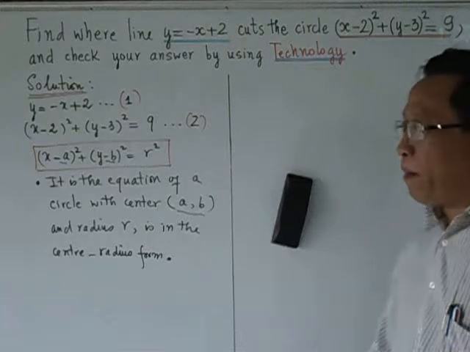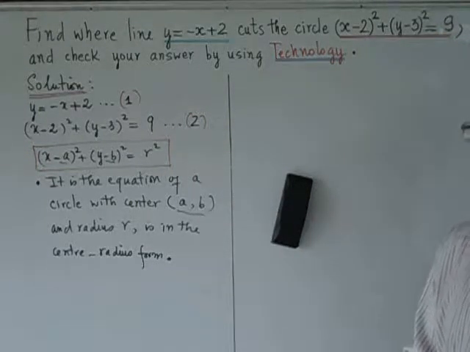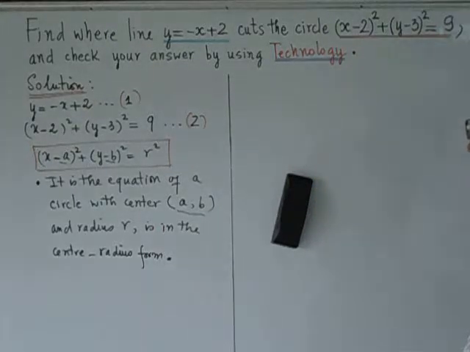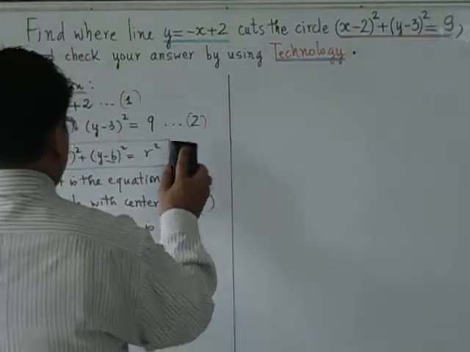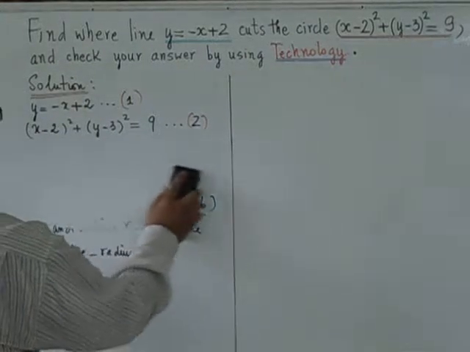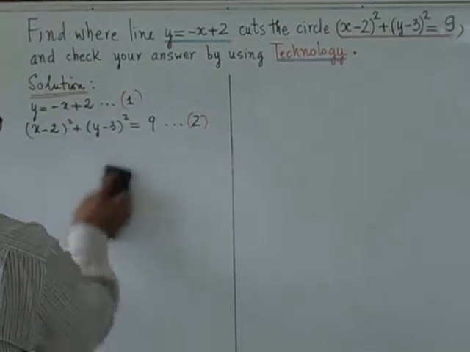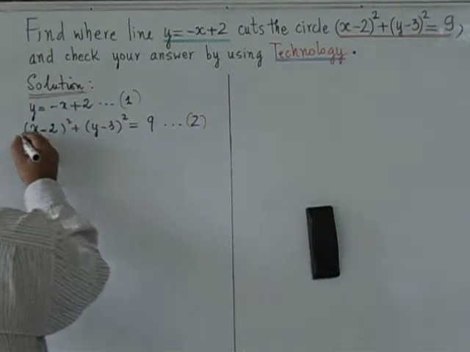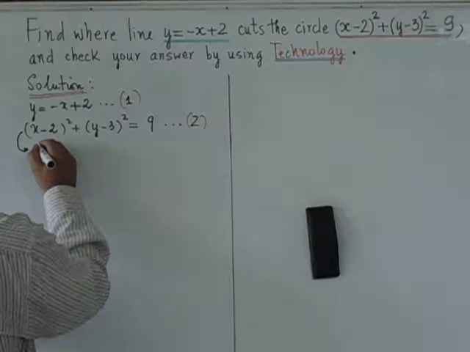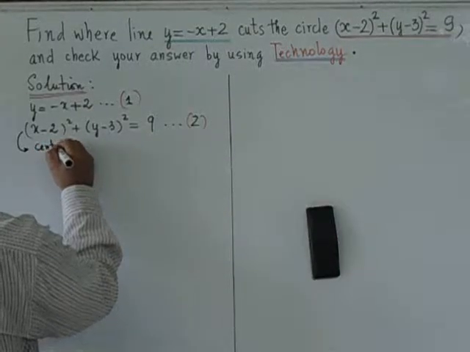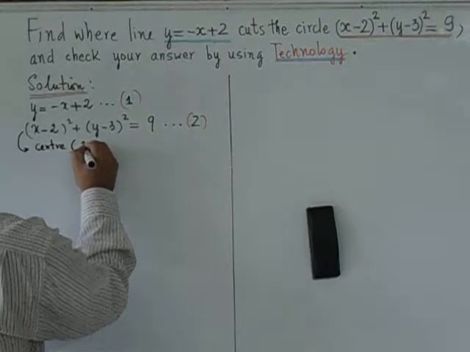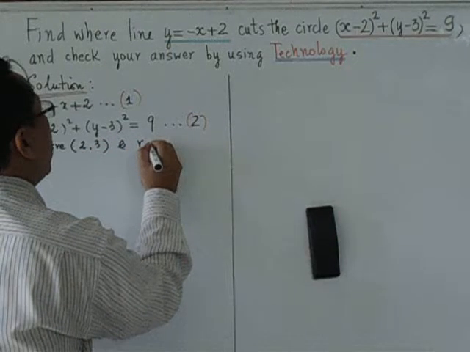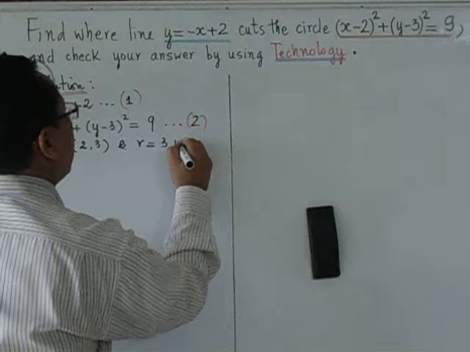You have to remember this definition. So the circle has the center (2, 3) and the radius is 3 units.